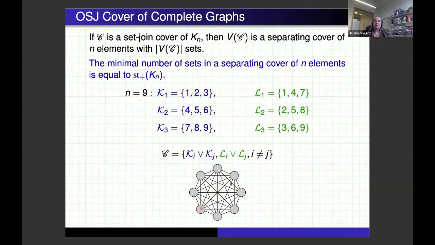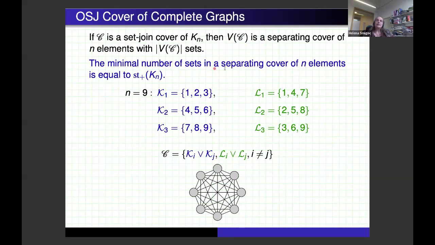So for every pair of vertices I, J, I need to have a set K and L such that I is in K and J is in L. So that will cover the edge IJ. But because I don't have loops, that means that these sets K and L will have to be disjoint. So I get in a natural way to the separating cover.